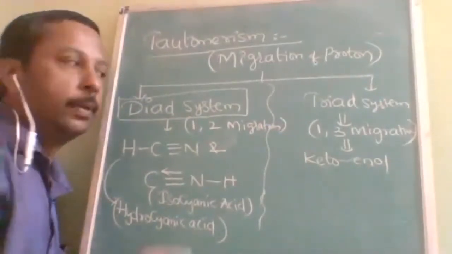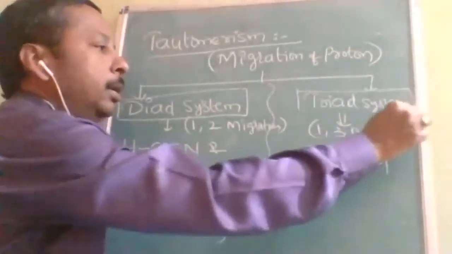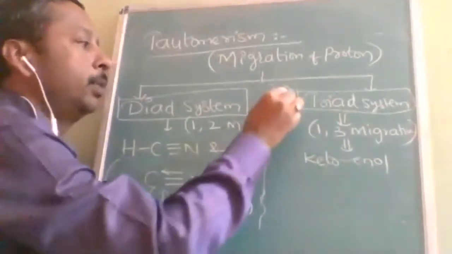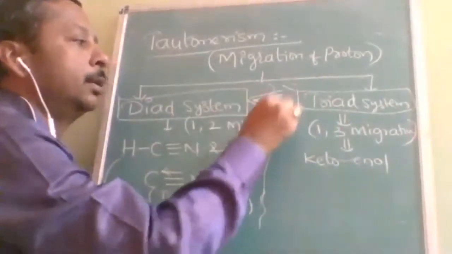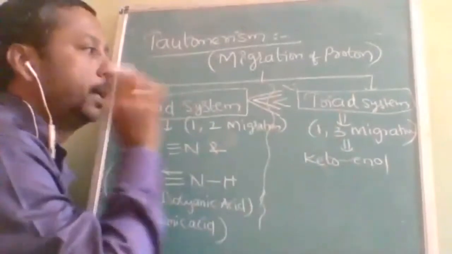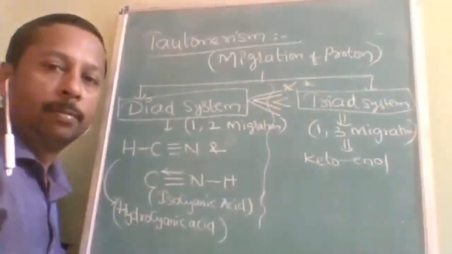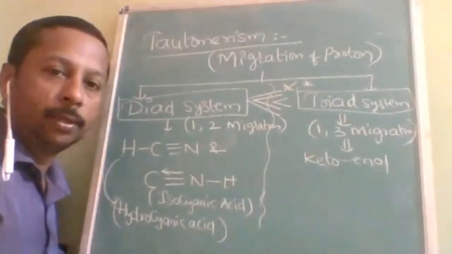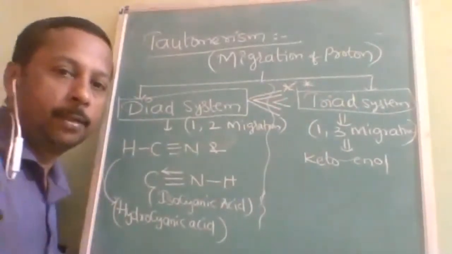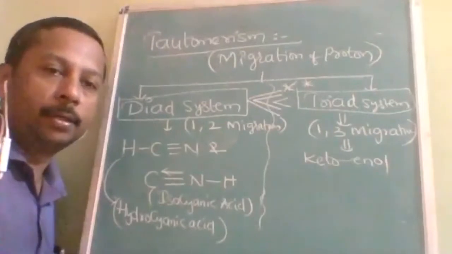Tautomers obtained in 1,3 migration are called a triad system. Of these, the triad system is more important, and most of the questions will be based on the triad system only. But for safety, I am explaining the dyad system also.